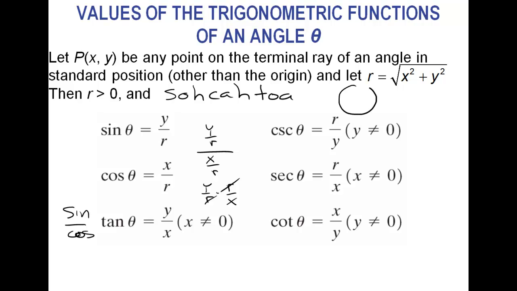And if you think about your angle, right, and if this is my angle, this value out here is opposite, this value here is adjacent, and of course this is my hypotenuse.